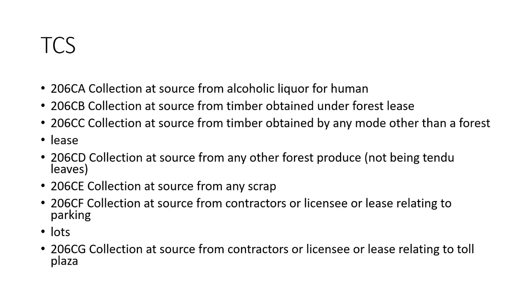Then contractors, leasing, parking lot, all those things. Toll plaza, for example, whoever collects money in the toll has to collect the tax from that. These are all the details.